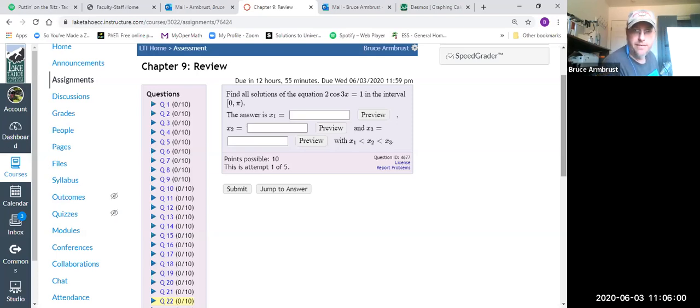And it's asking us to find the ones that are between 0 and pi. We're going to find all of them, but then we'll talk about how we can figure out which ones are between 0 and pi. Okay, so I've got these guys written down. Let me go ahead and quit sharing my screen, and we'll go to the board.